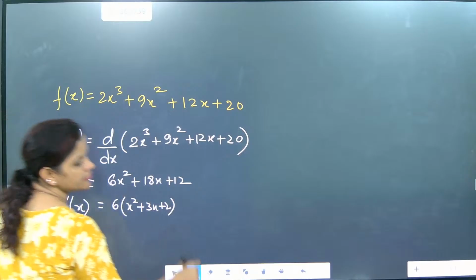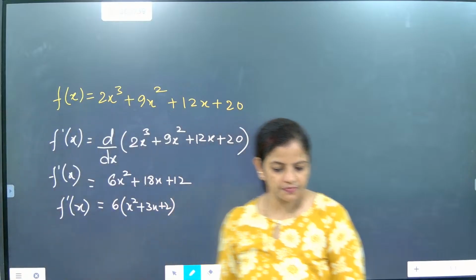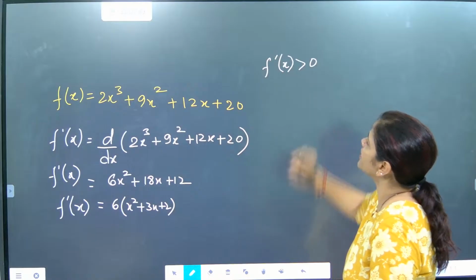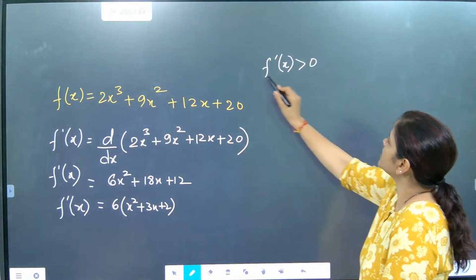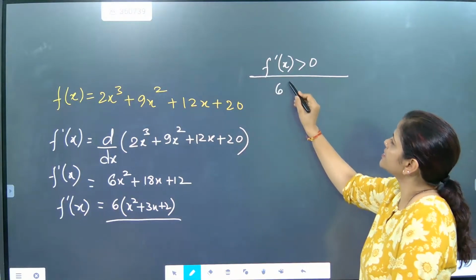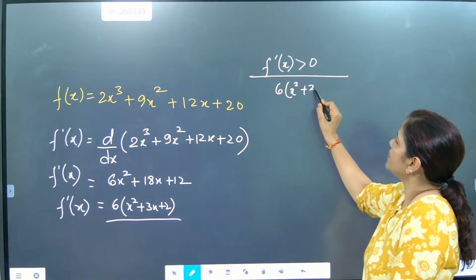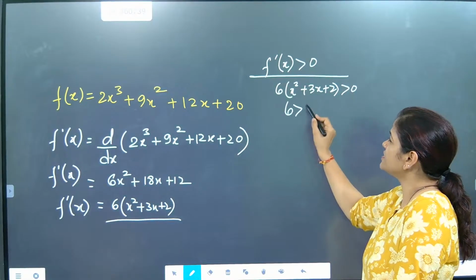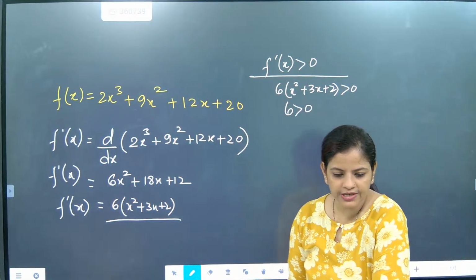So for an increasing function, f dash x will be greater than 0. This is the case of an increasing function. So just substitute this one: 6 into x square plus 3x plus 2 greater than 0. 6 is a non-zero number, so it is greater than 0.